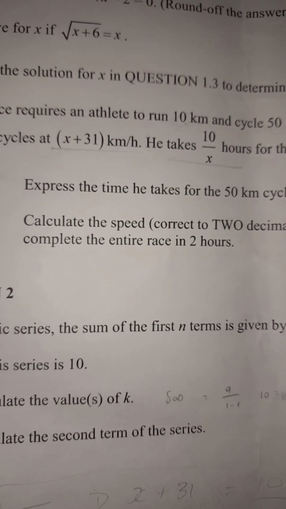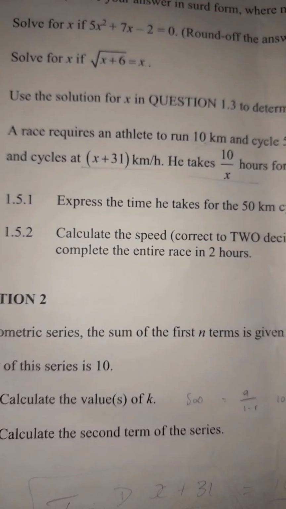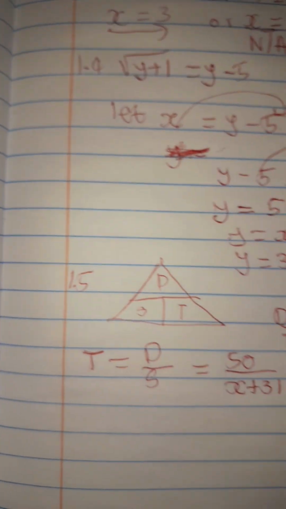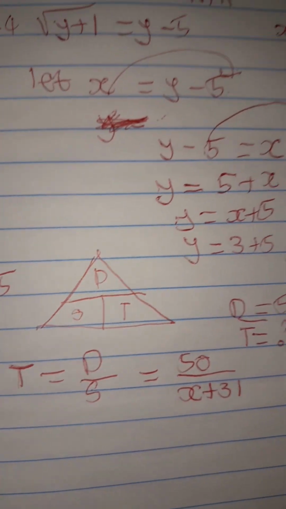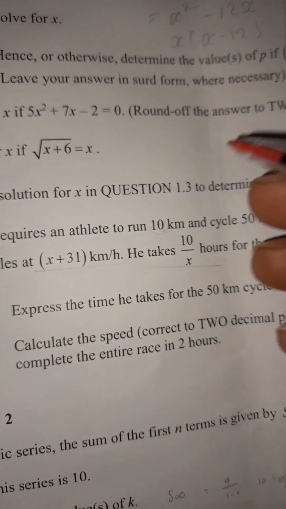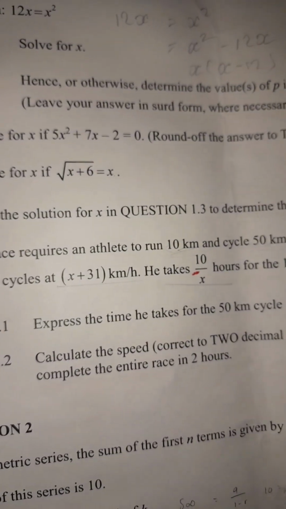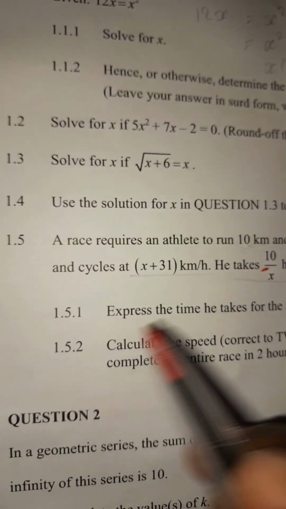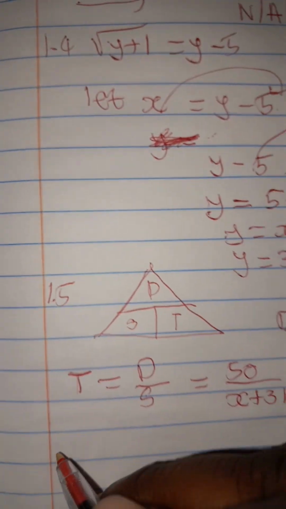The time at 1.5.1 was T1, and this one we could say is T2, the one that we calculated at 1.5.1. So we will need to sum up both of these.